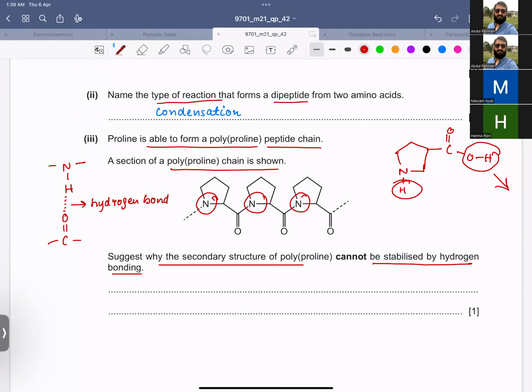That's why no hydrogen bond can be formed. So it is because no hydrogen is bonded to nitrogen in polyproline. Yes, is this understandable to everyone?